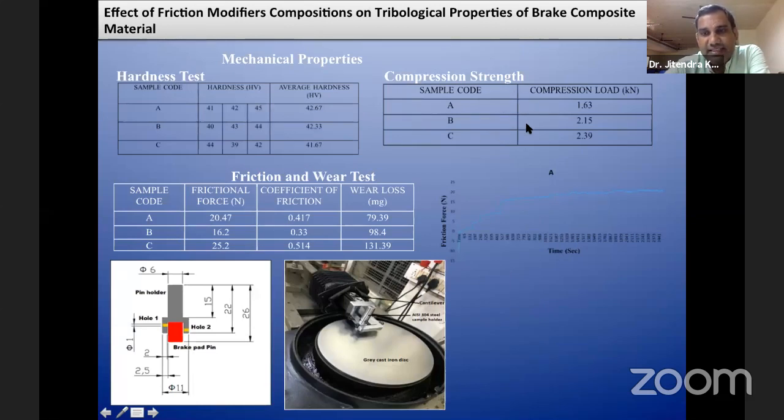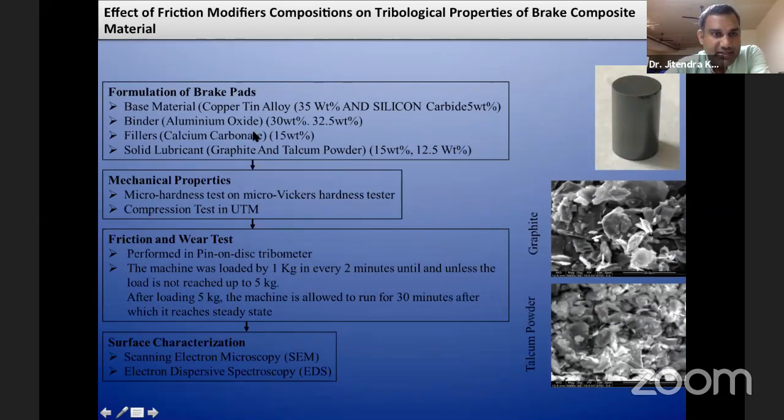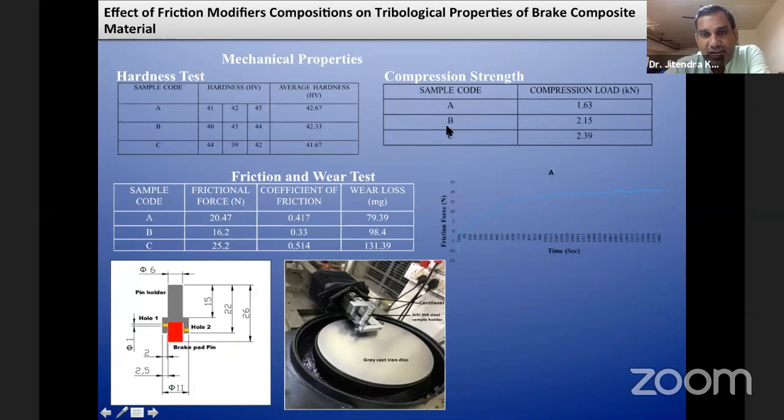Compressive strength wise, when you increase the talc percentage, in one sample we add only 15% graphite apart from these three things. But in this case, we add 10 weight percent graphite with 2.5 weight percent talc, meaning here no talc, here 2.5 weight percent talc, and here 5 weight percent talc. Talc has a good property in wear resistance, and also in the compressive test.